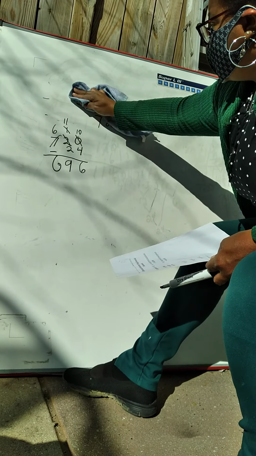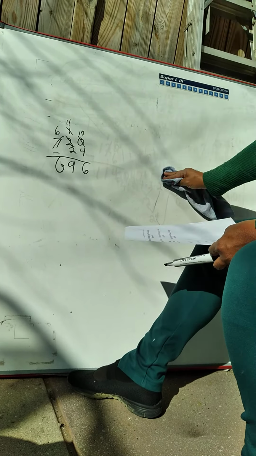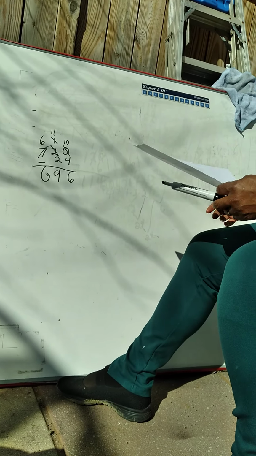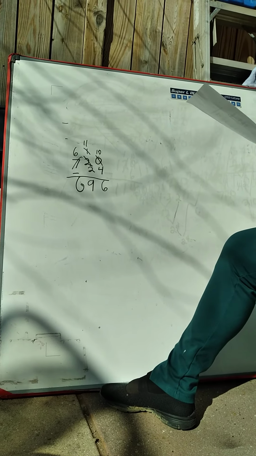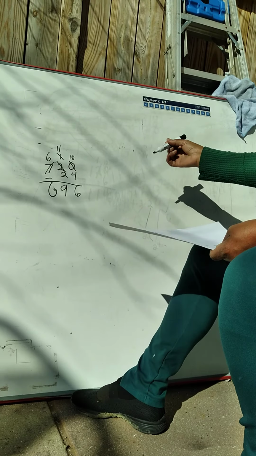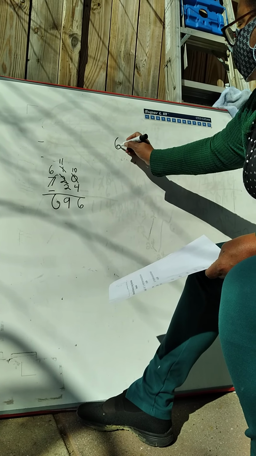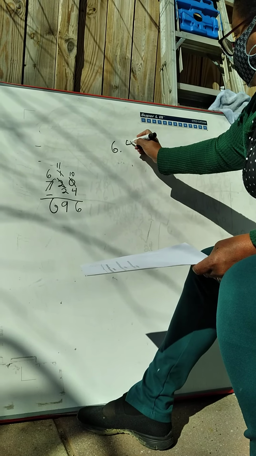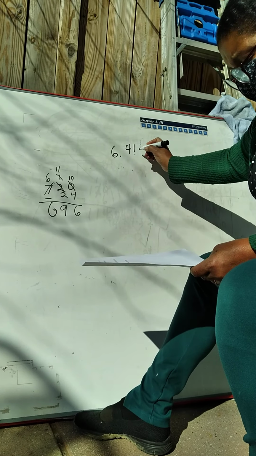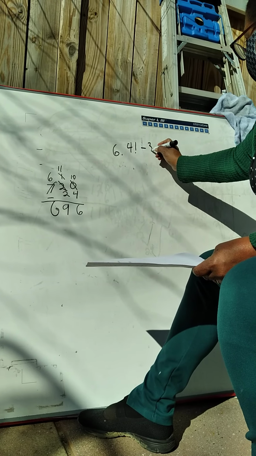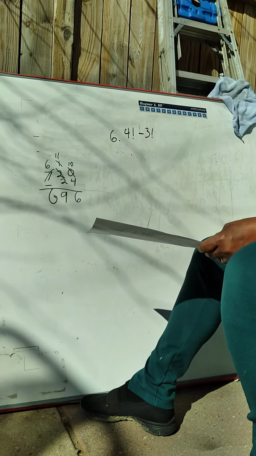We're going to go to number 6. Number 6 is 4 factorial minus 3 factorial.